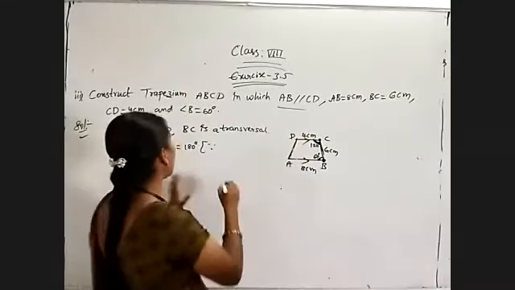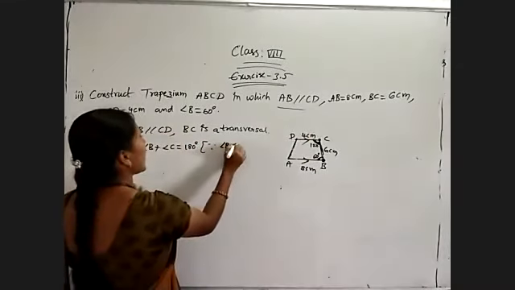So angle B, angle C are co-interior angles. Because those two are co-interior angles, in case of parallel lines, the sum of the co-interior angles is equal to 180 degrees. So now angle B we have 60 degrees plus angle C is equal to 180 degrees. So angle C will be equal to 180 minus 60, which is equal to 120 degrees.